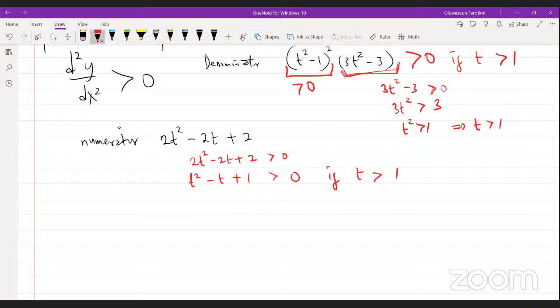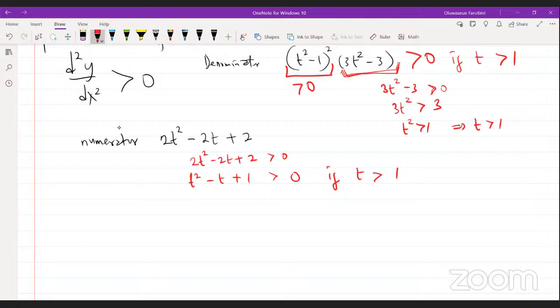If t is greater than 1, it is positive. Good. But sometimes you don't want to go with the largest number. So let's see again, what value of t can I plug in here so that this is going to be positive?